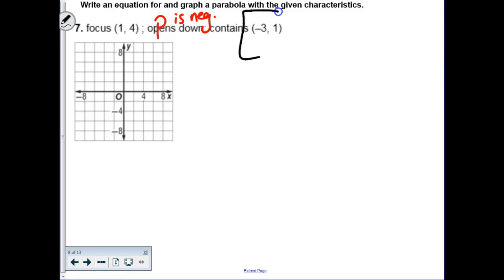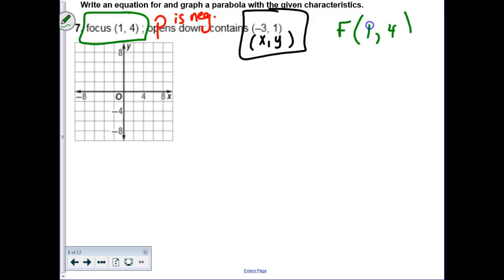They give us a random xy ordered pair. That's going to be helpful in a minute. And then they give me this clue about the focus. So if the focus is at (1, 4), and I go back and look at the formula for the focus for my vertical parabola, the focus is (h, k plus p). So I know some things. Right here, I can tell you that h is 1.